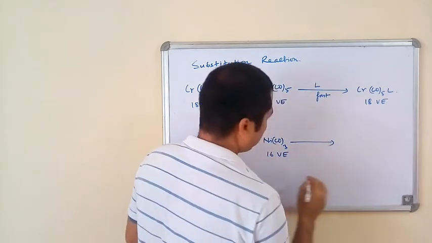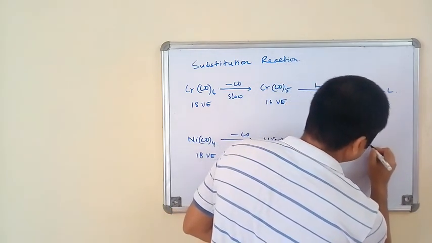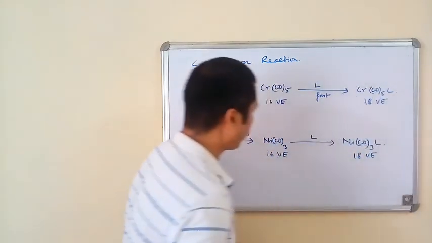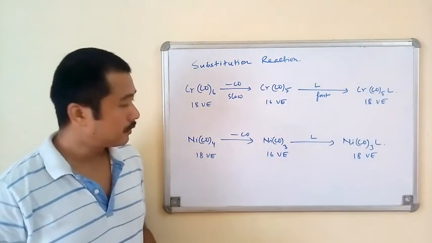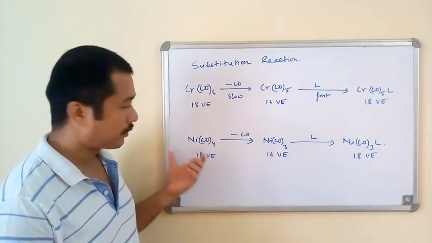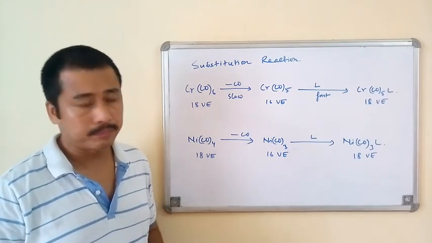So that is 16 valence electron, and after the addition of the ligand, you will have the product, which is again 18 valence electron. Now what is observed is that the nickel tetracarbonyl undergoes substitution much faster as compared to chromium hexacarbonyl.